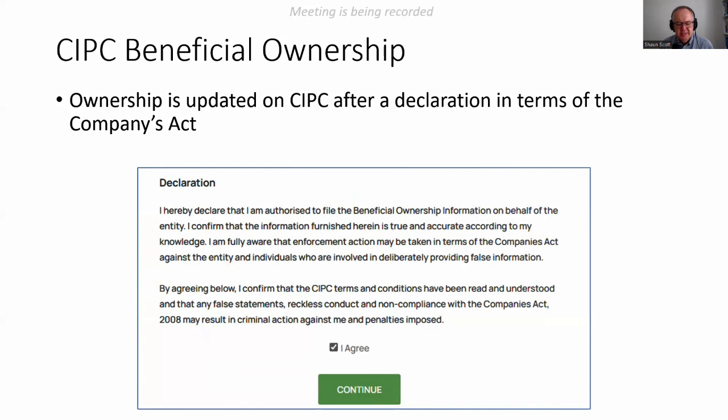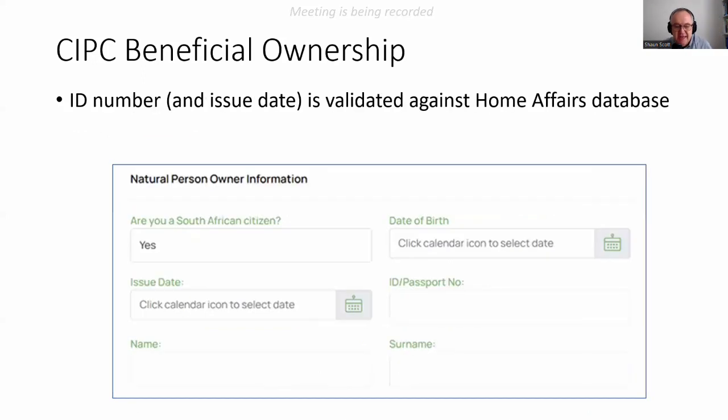Ordinary PTY limiteds would go in, as well as non-profit companies, for example, and they would start off the process by formally declaring. Remember, they're declaring now in the context of the updated, amended Companies Act regulations.